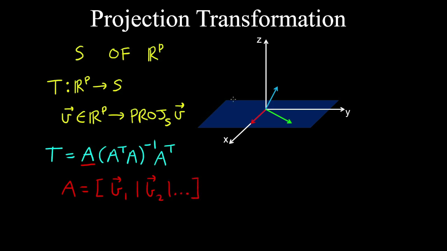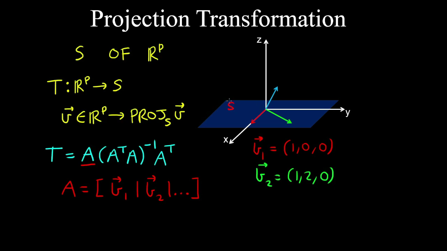And for example, suppose we have the subspace S being the xy plane, and we have the following basis vectors for S. So we have 1, 0, 0, and the second basis vector has components 1, 2, 0.